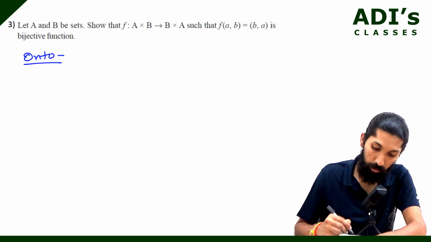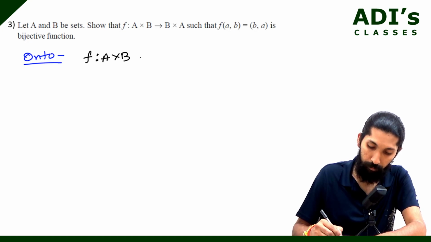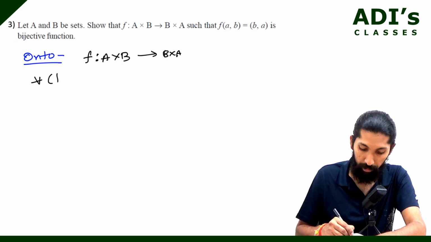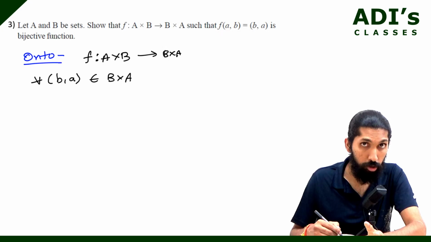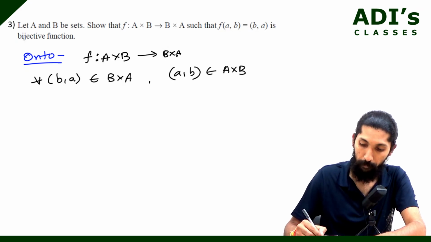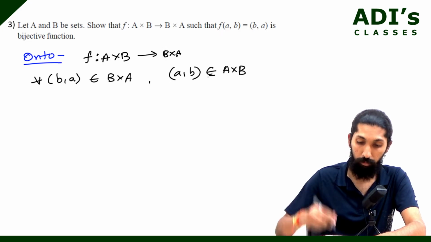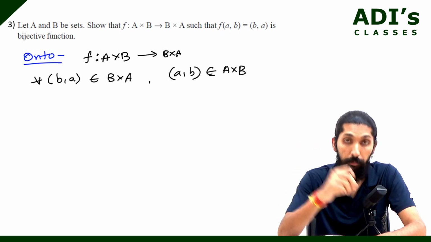Now again, we'll take the function f from A cross B to B cross A. Now, for all (b, a) belonging to B cross A, there should exist (a, b) which belongs to A cross B, right? Okay, now since we are looking into this particular scenario, (b, a) belongs to the set B cross A, correct?